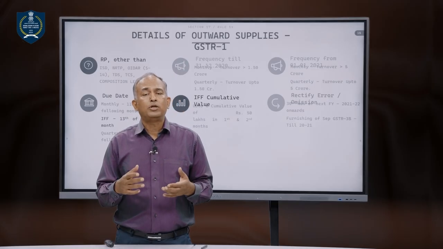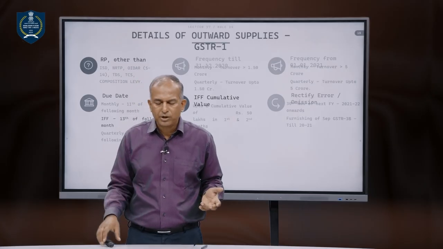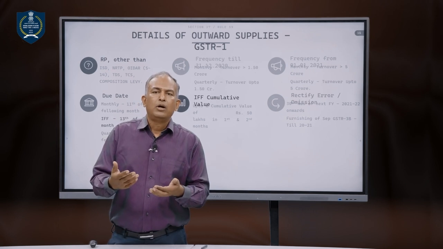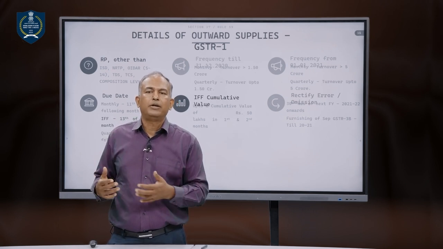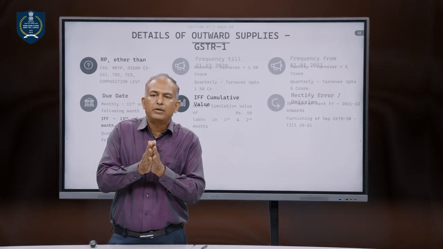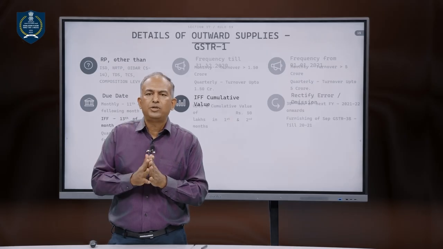It is also possible that, when I reflected the data in the GSTR1, I may have missed out entering certain details, or I could have made some mistake in the entry of those details. I told you that it can be corrected, if it is before he files the GSTR3B, using the GSTR1A.